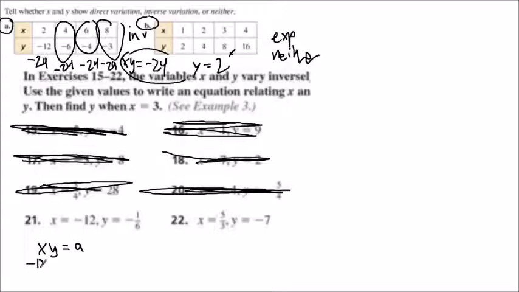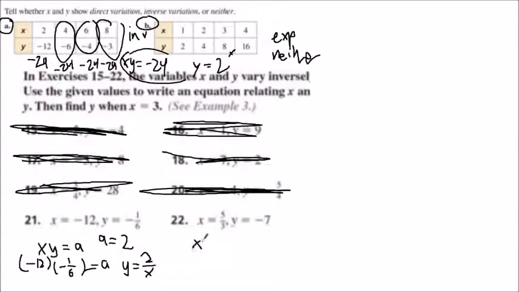So negative 12 multiplied by negative 1 is equal to a. A equals 12. So the answer is y is equal to 12 over x. There you go.